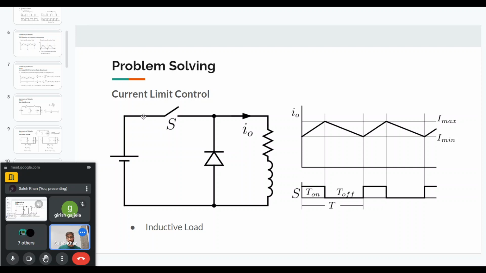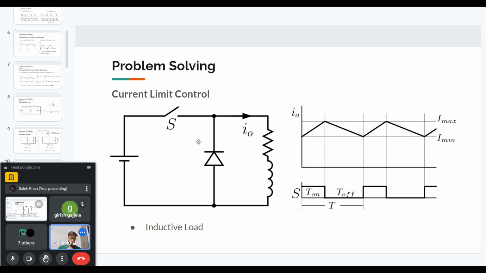So here I have a buck converter type of circuit, even though I don't have the inductor and capacitor. I have the inductor as the load. So this is the main switch, and the other switch is a freewheeling diode.